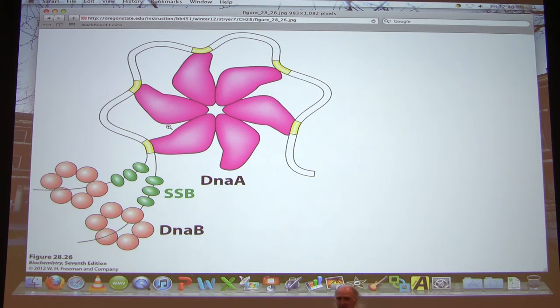But DnaBC binds, C leaves, and then we're left with this helicase. Well, a helicase is going to start peeling strands, right? And isn't that exactly what we need to do in order to get replication started? You got it. Primase is going to come in. It's going to make an RNA primer, and we've started the process. The whole process happened because DnaA bound to specific sequences next to this AT-rich region.